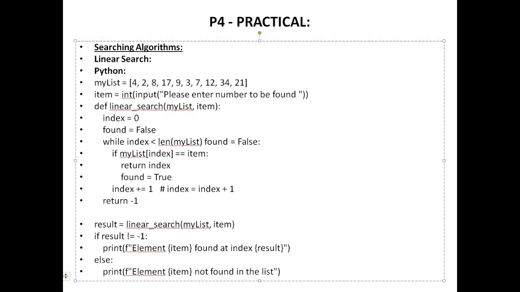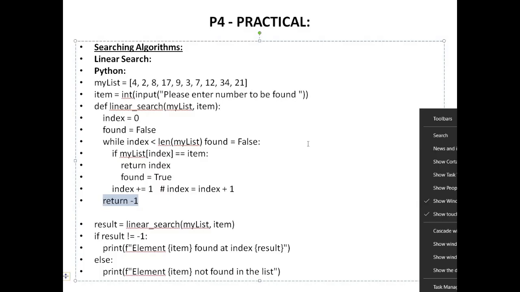Otherwise, if the while loop works and you are able to find a match, then you would return the value of index, and if it fails, you are going to return minus 1. Now one of you might say that this return happens inside the while loop, so what if the while loop finds the element and returns index, and then will it return minus 1 again?